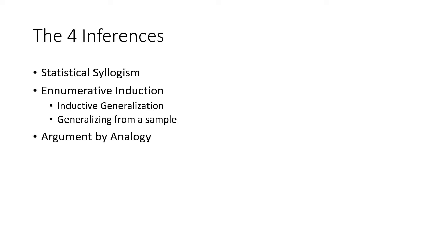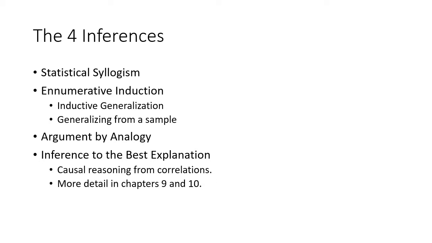The third is argument by analogy. People who make arguments by analogy are not really going from the specific to the general or from the general to the specific. It's more specific to specific or general to general. And then finally, we're going to talk about inference to the best explanation.